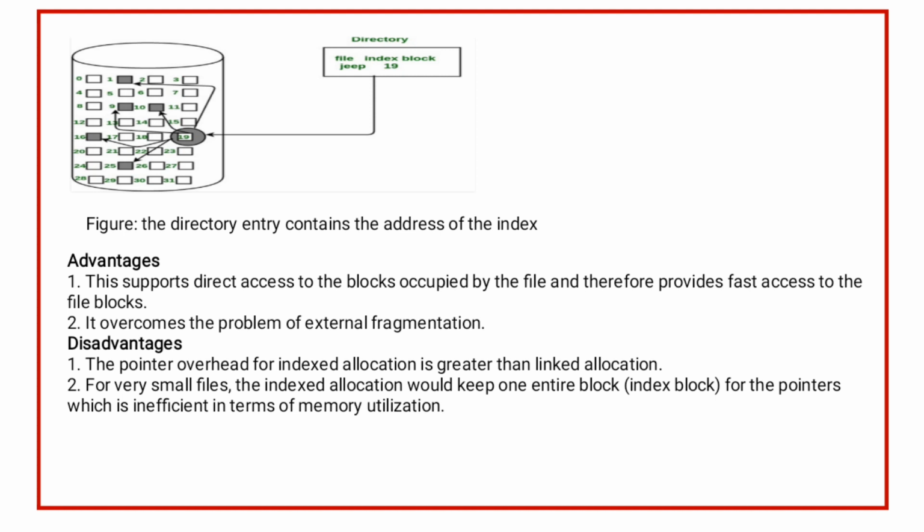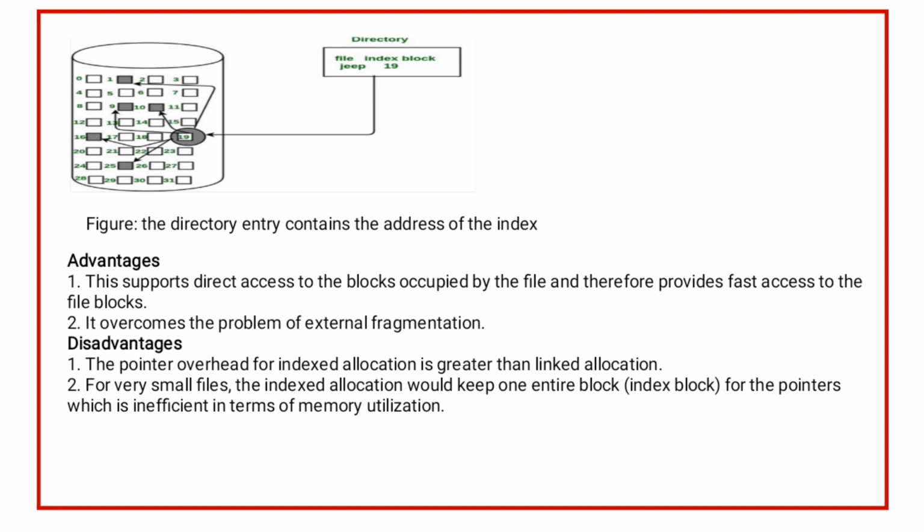Now, what are the advantages of index allocation? This allocation supports direct access to the blocks occupied by the file and therefore provides fast access to the file blocks. The second benefit is that it overcomes the problem of external fragmentation.